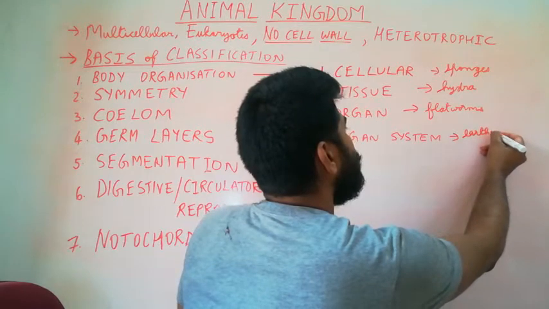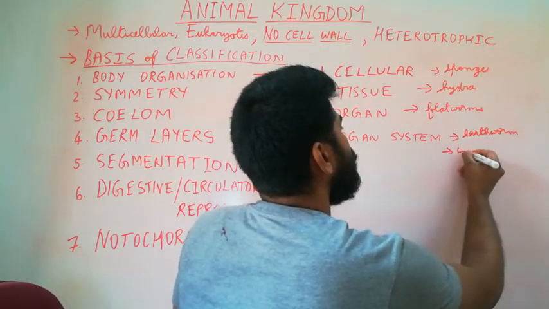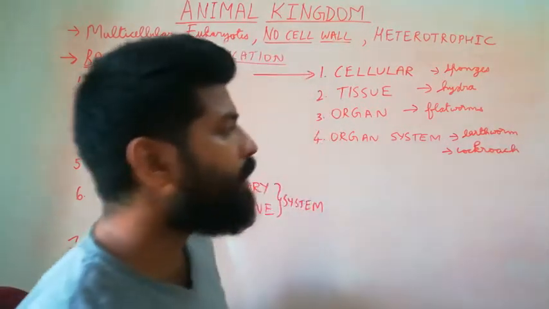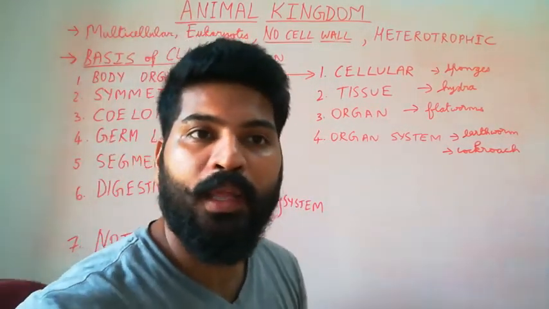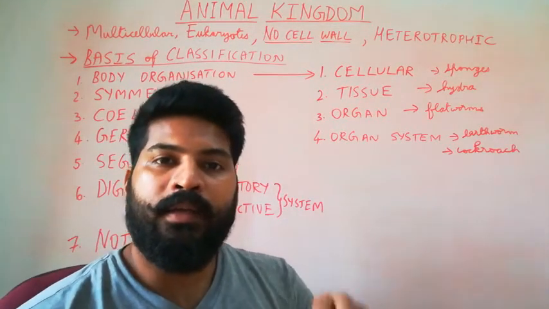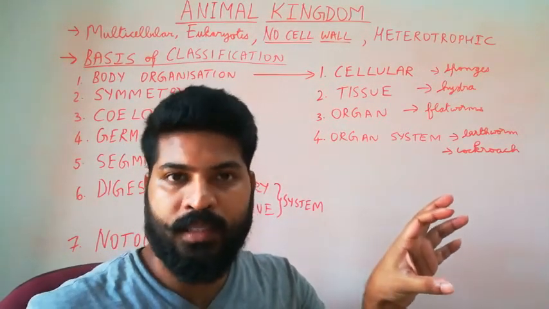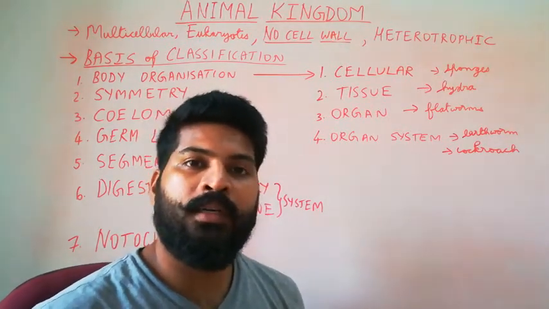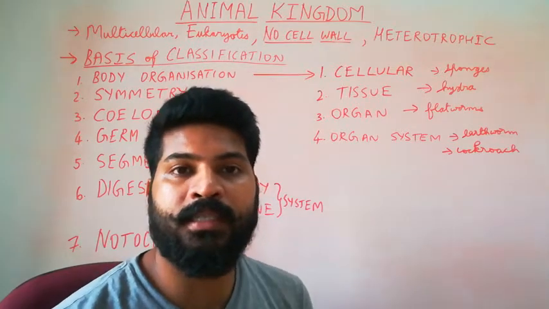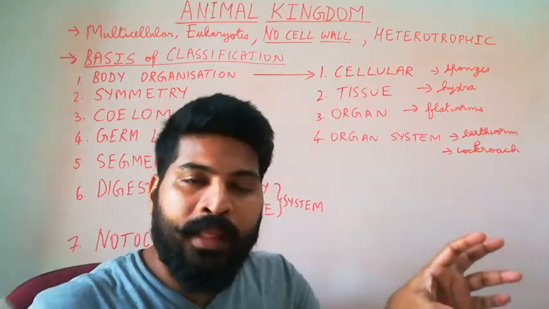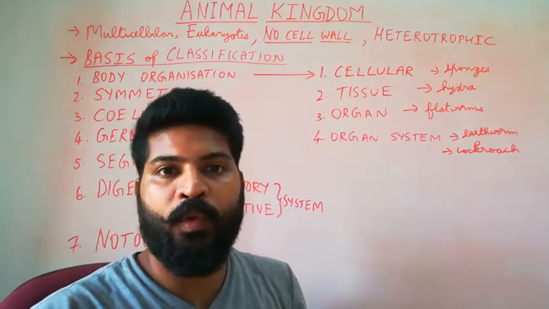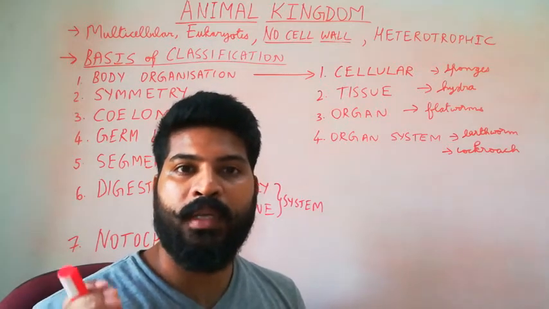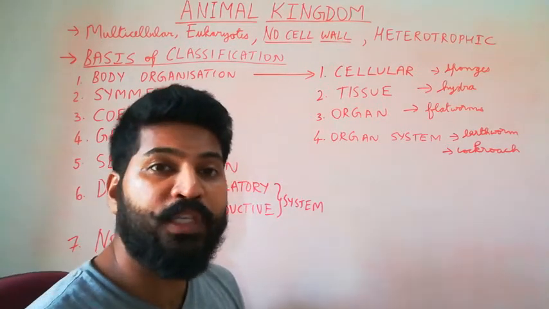So we see this in earthworm, cockroach, human beings, etc. There is organ system level of body organization where different organ systems, that is the digestive system, the circulatory system, the respiratory system, the excretory system, all they work hand in glove so that the metabolic activities of the organism is smooth, simple and done in an efficient manner.